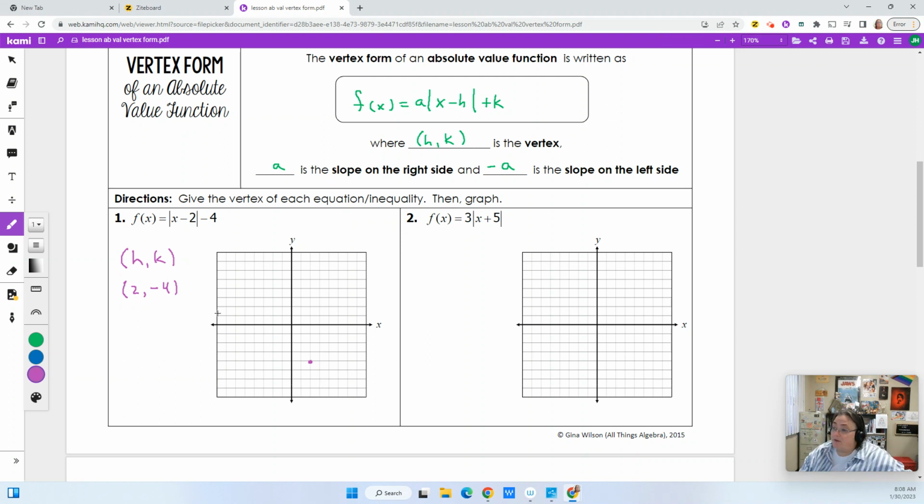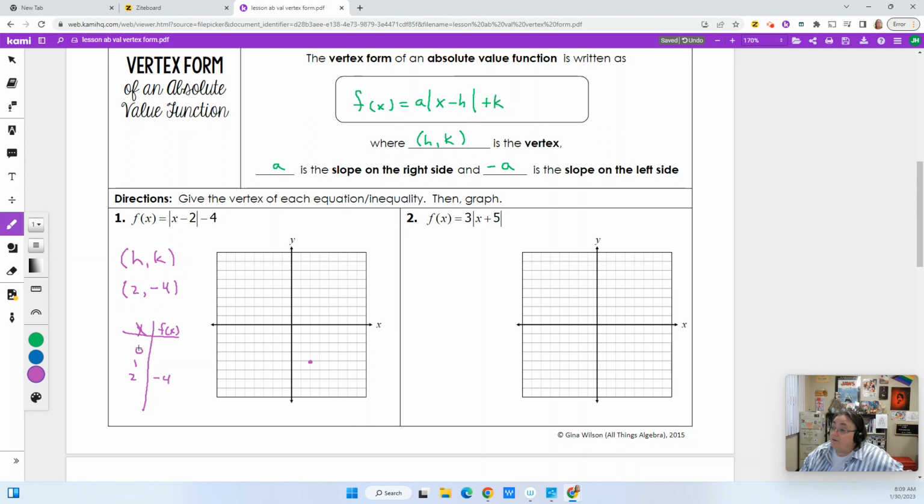So if you remember the last time we made tables, right, where we had the x and y, or the x and f of x, where we plugged it in. What I'm doing here is I'm going to make this 2, -4 my center, and then I can pick points around it, right?